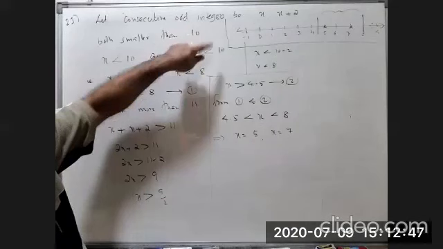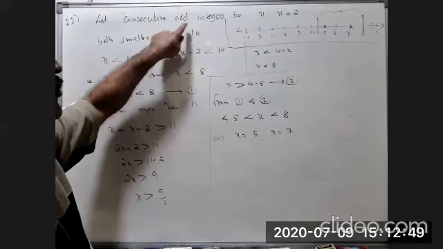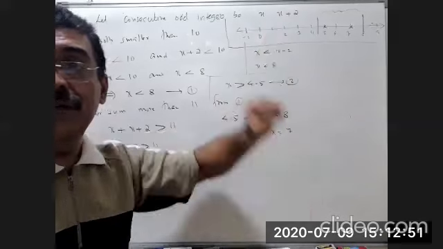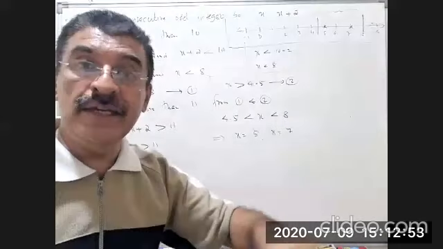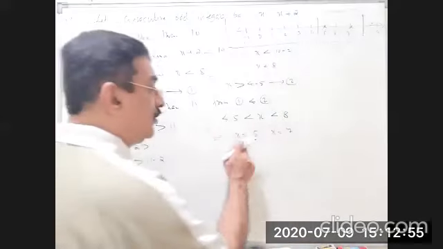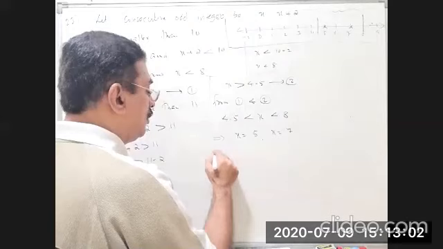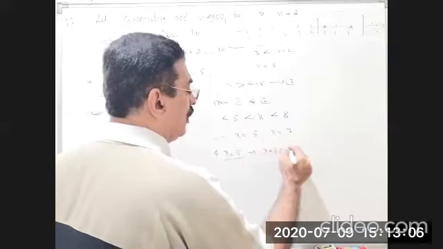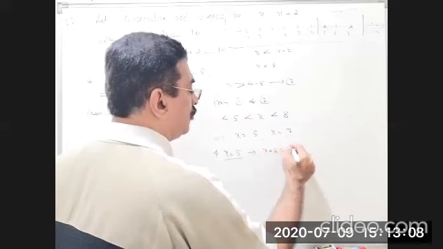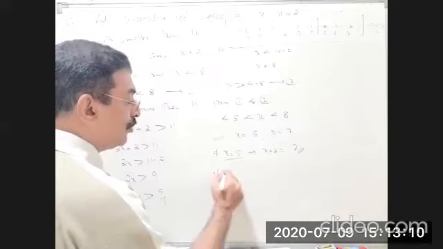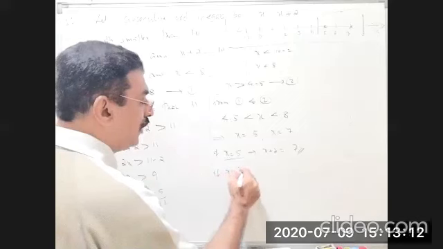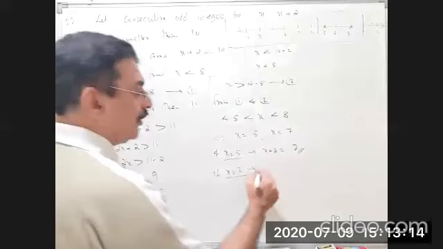We need 2 consecutive odd integers, which are x and x plus 2. So these are the values for the first number. If x is 5, then x plus 2 is 7. Similarly, second option, if x is 7, the next number x plus 2 is 9.